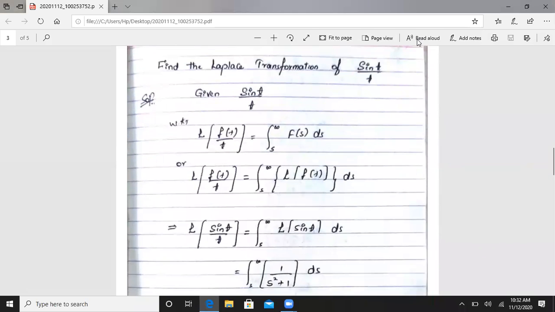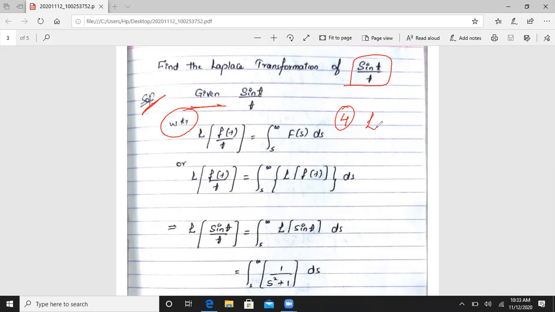One example is here: find the Laplace transformation of sin t divided by t. Our solution, first we write the given function, sin t by t, and we know that this is our property number 4, that is division by t.